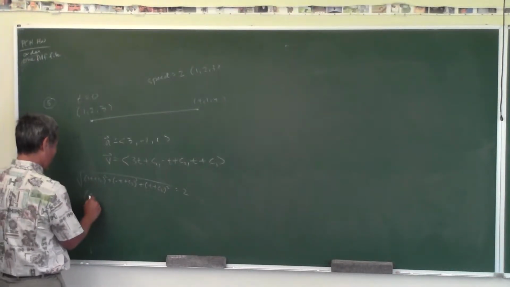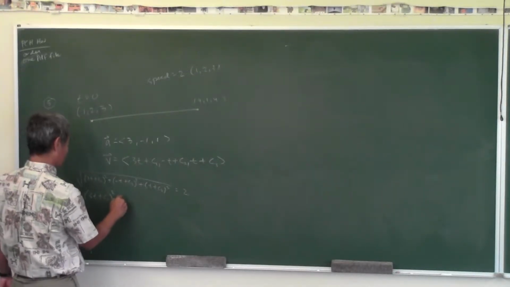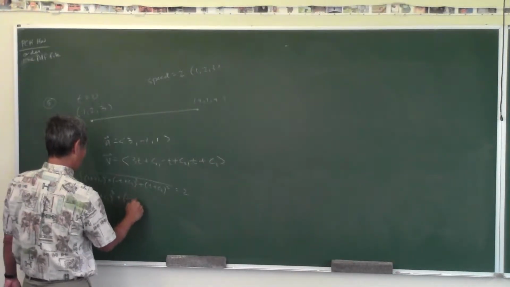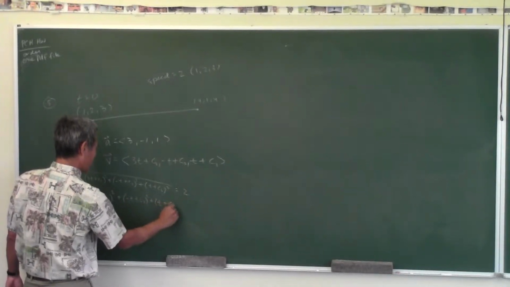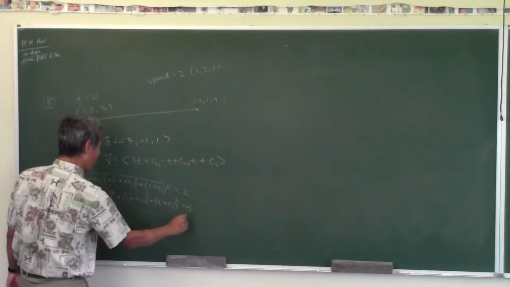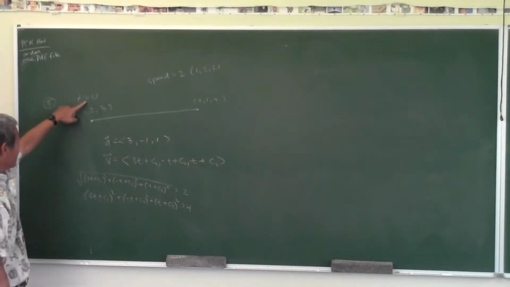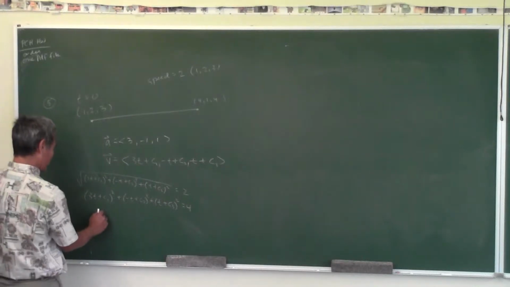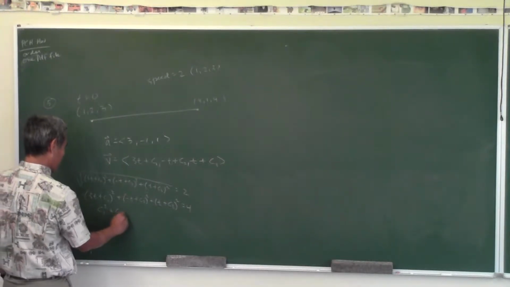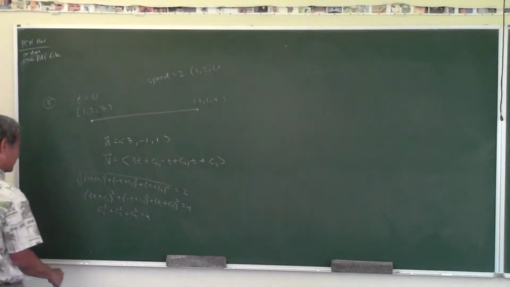So 3t plus c1 squared plus negative t plus c2 squared plus t plus c3 squared equal 4. Oh, but that's when t is 0, right? Yeah. So if you plug in 0 for t, you're just going to get c1 squared plus c2 squared plus c3 squared equal 4.